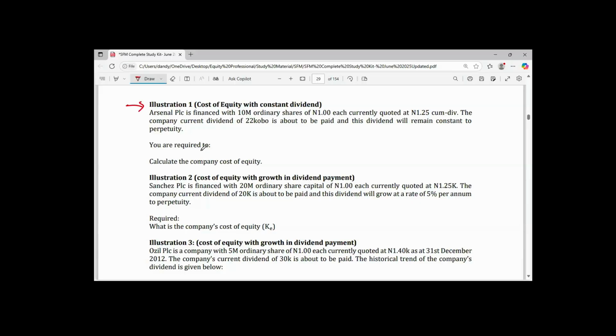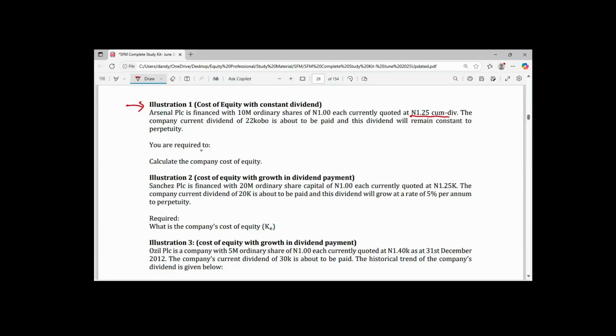Arsenal PLC is financed with 10 million ordinary shares of 1 naira each, currently quoted at 1 naira 25 kobo CumDiv. If I'm the one reading this on the day of the exam and I see something like CumDiv, I need to underline it, because that information is important.